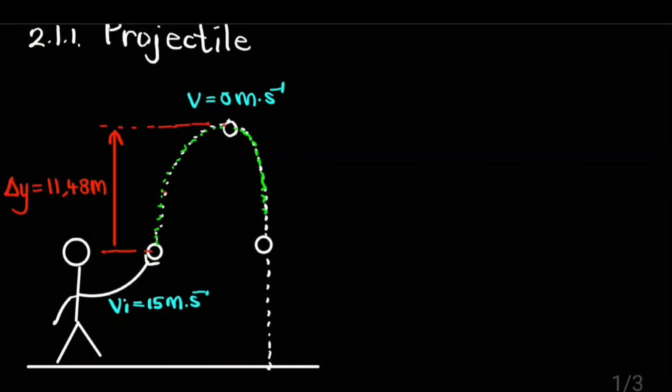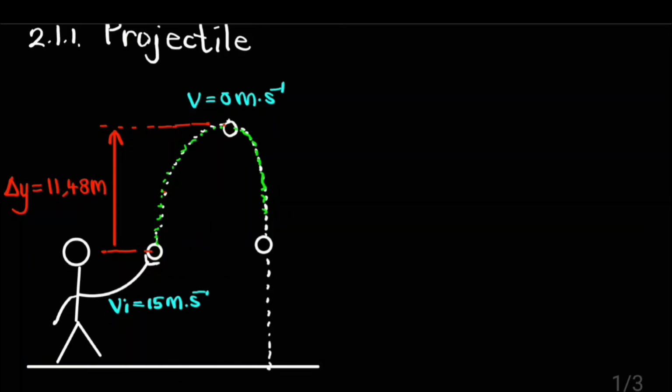Okay, so now we can ask ourselves, what is going to be our approach to answer this? To get the time taken for the ball to go from the time it's thrown from the hand, the starting point, to the highest point and back to the person's hand. Now notice that this forms a parabola. And what we know about a parabola is that it is symmetrical on either side.